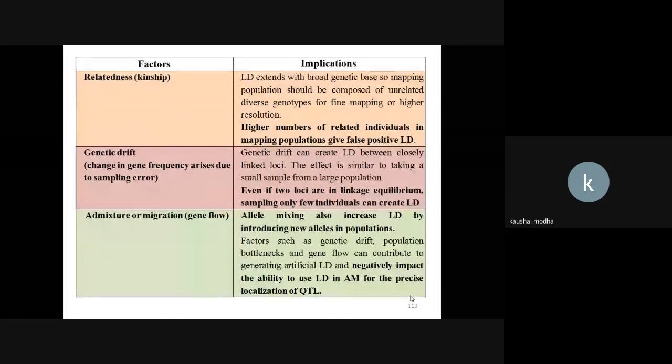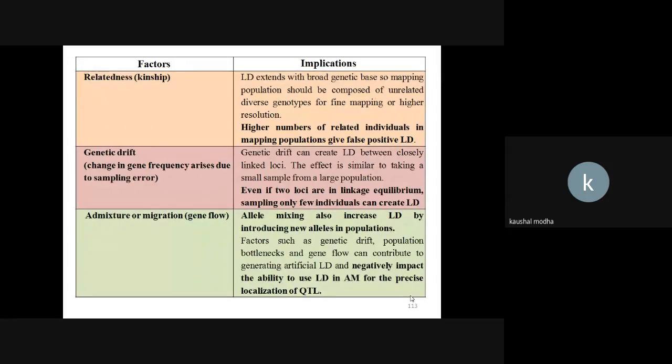This LD is a false LD because my brother and I share 50% of genes. This association between the alleles is not due to a real association between the alleles, but due to the genetic relationship. So if individuals are related, false LD will be created. We must select individuals which are not related by ancestry.